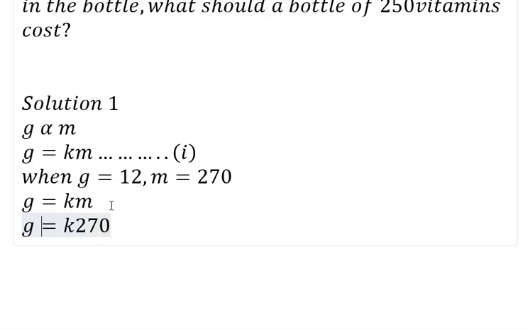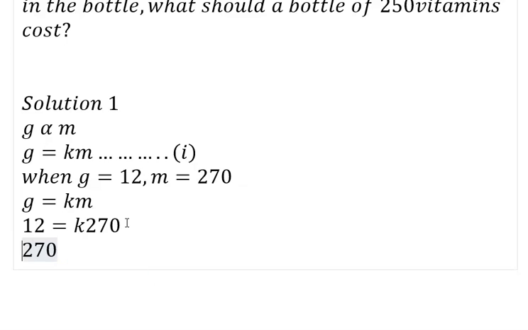So we can get k from here. We just divide both sides by 270 so that our k can stand alone.